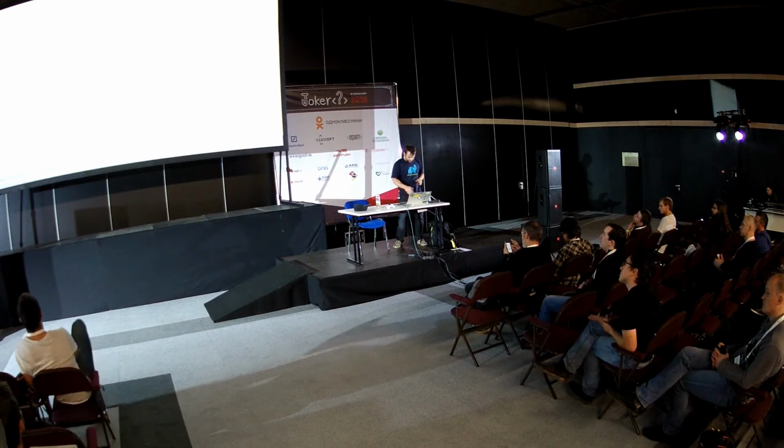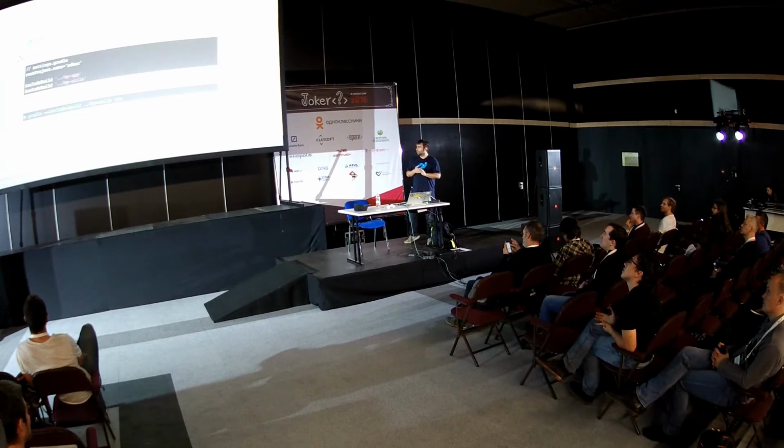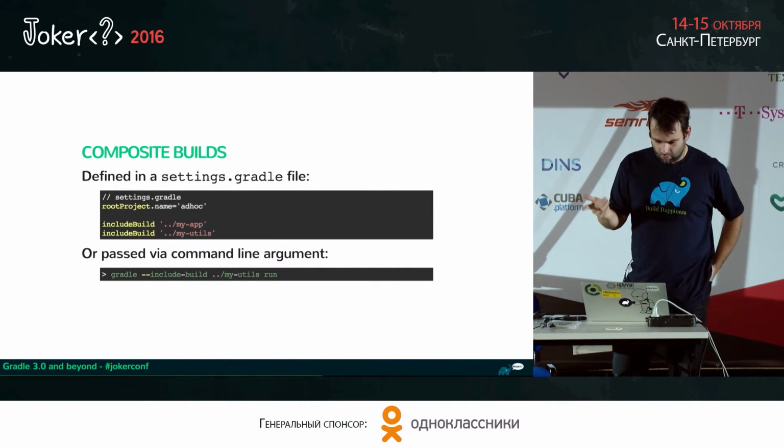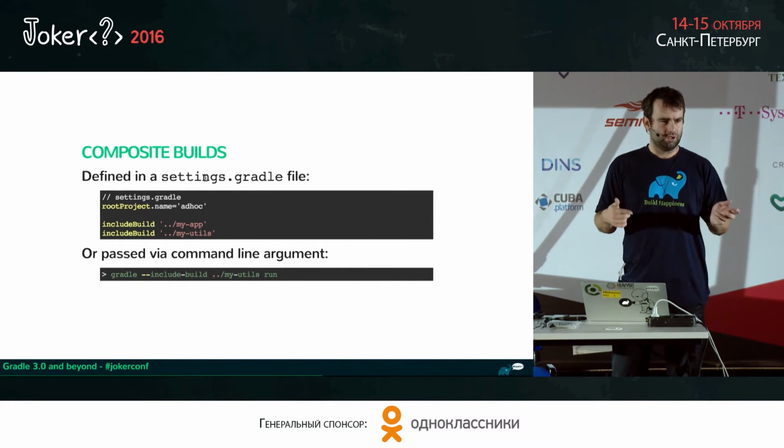So with Gradle 3.1, I think it's really easy to include third-party dependencies from source. You have two options to do that. One is to use a settings file to include a build programmatically.